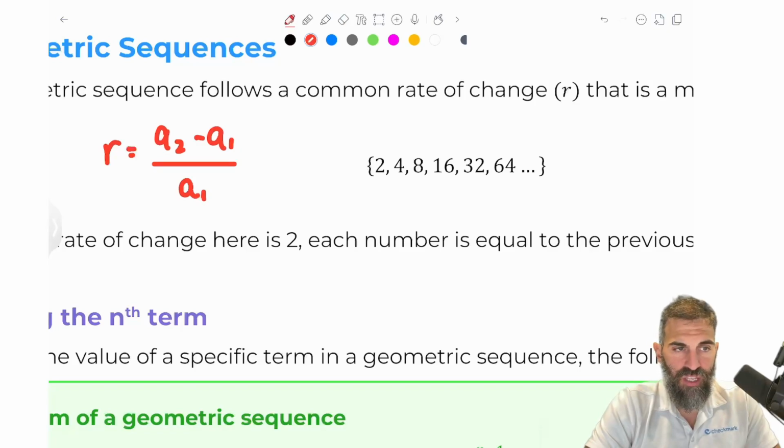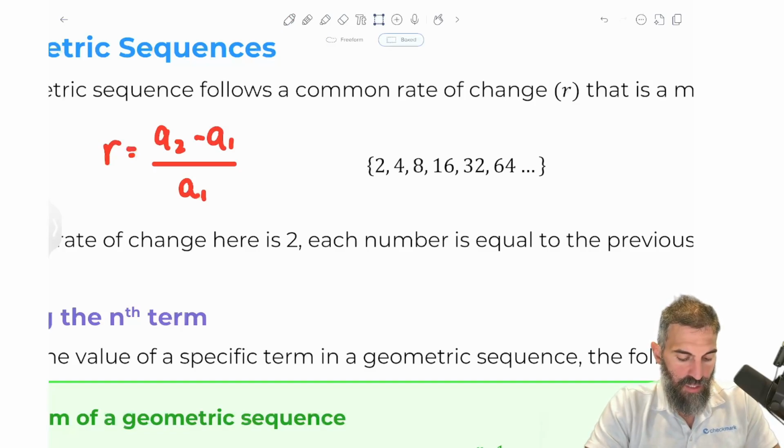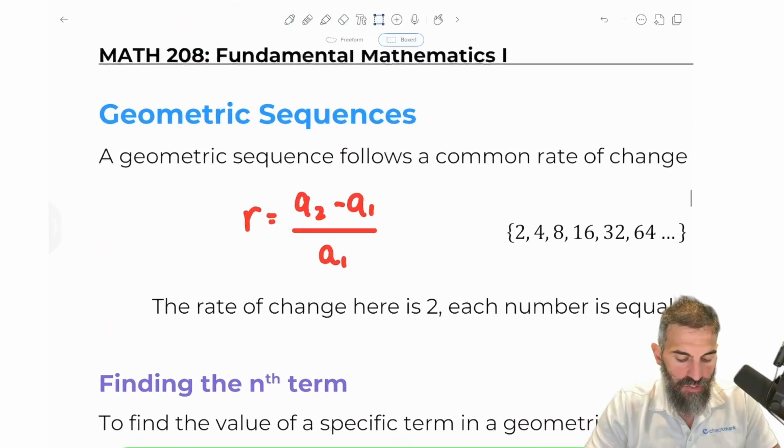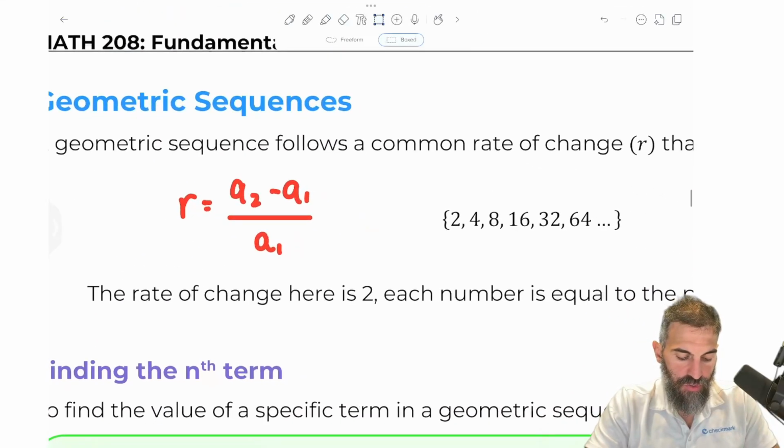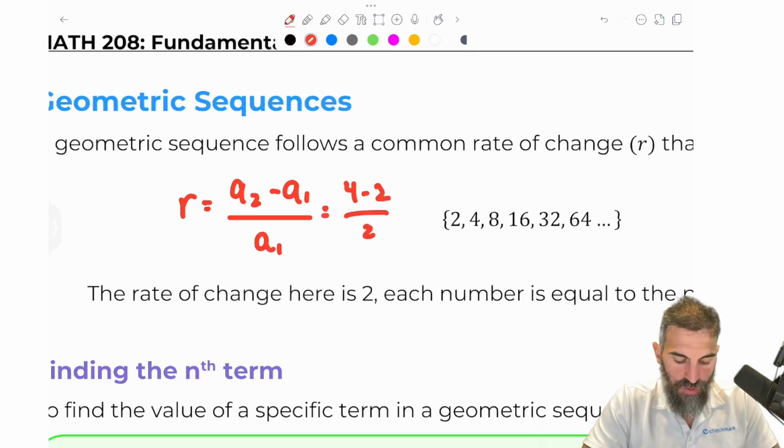You can think of it as a new minus old over old. That is how you would do it. Now, they can make it more complicated and give you 2 non-consecutive numbers. We'll deal with that in a second. But let's just start with that. So here our rate is 2. You can see it. If I did 4 minus 2 over 2, that's 2.